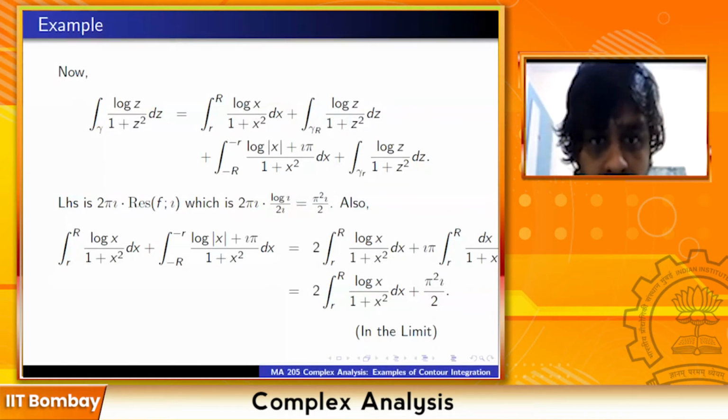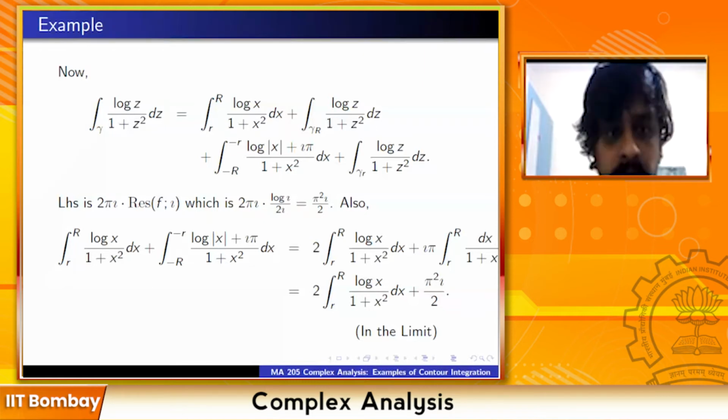So where are we now? We have computed the sum of the first and third term. This final expression, 2 times the integral of log x by 1 plus x square, plus pi square i by 2, is the sum of the first and third term.